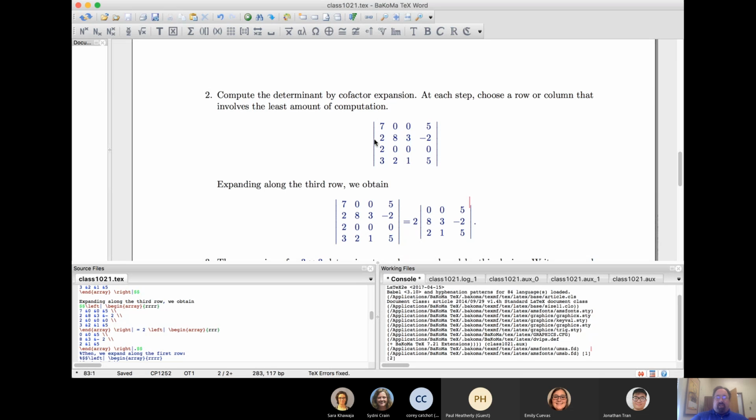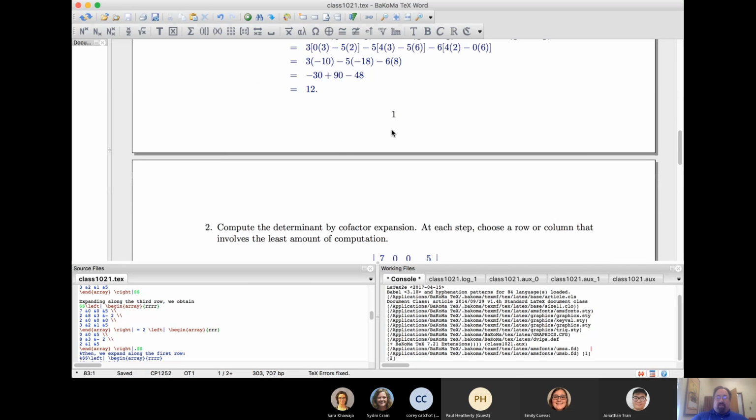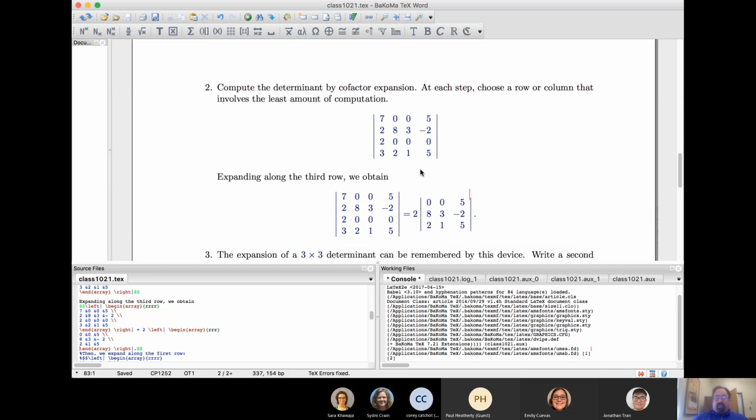When you just have the absolute value bars, that's shorthand for determinant. So there's 2 ways you can write it, either by saying det and then of whatever matrix in square brackets, or you can just say absolute value and have the matrix entries, and that means the same thing. So they both mean determinant.